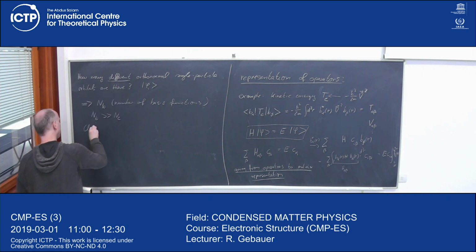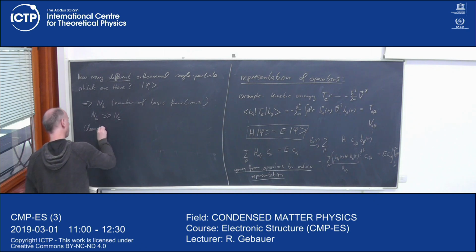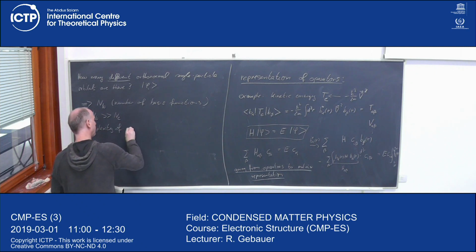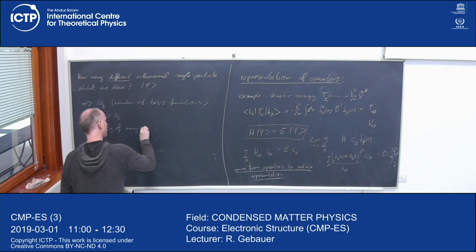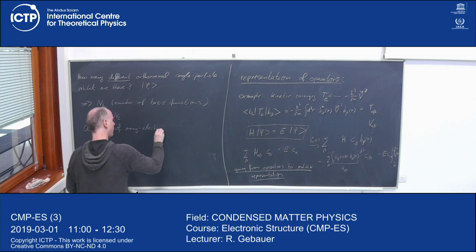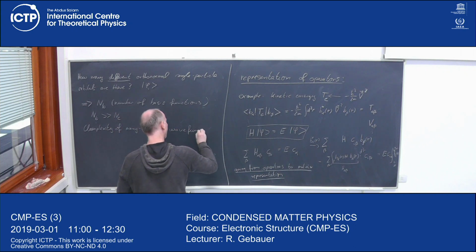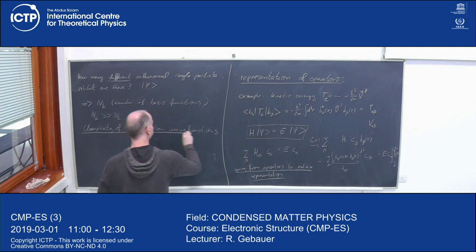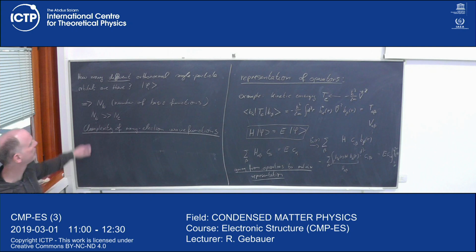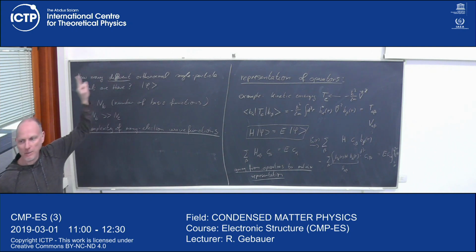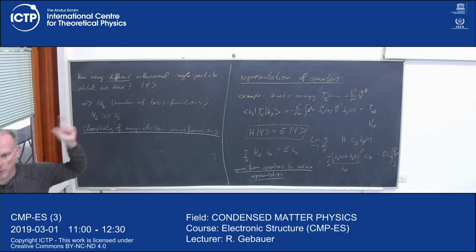So let us now look at the complexity of many electron wave functions. So why is everything so complex? We have NB single particle orbitals. We know the many body wave function is a sum of Slater determinants.